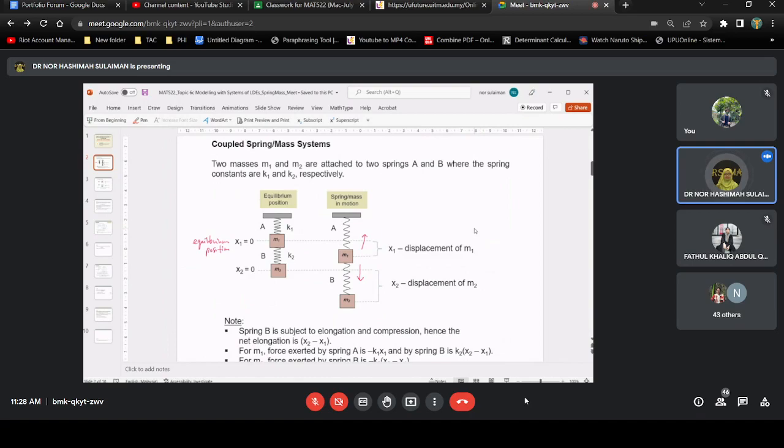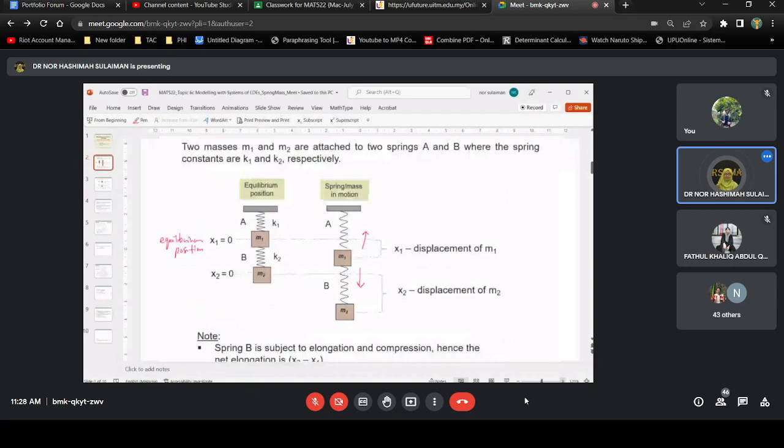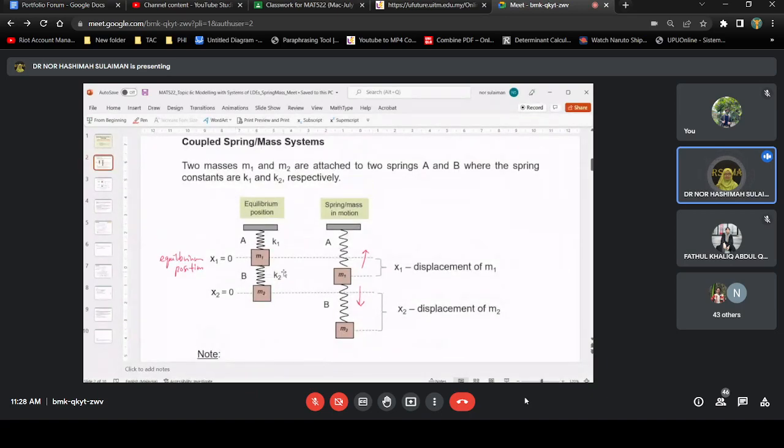Okay, now for this particular problem, let's say M1 and M2 represent the masses, and these two masses are attached to spring A and spring B respectively. So if you look at the diagram, let me just enlarge the diagram. Okay, we look at the springs in the equilibrium position.